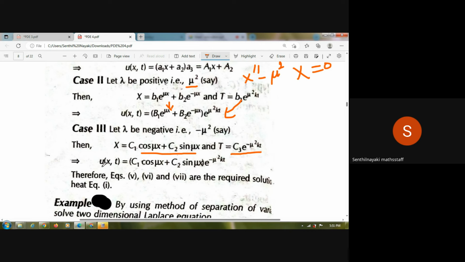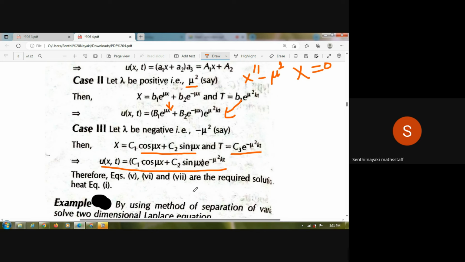After that, the solution for this case is u of x comma t equal to c1 cos mu x plus c2 sin mu x into c3 e power minus mu square k t. So here c3 was missing: c3 e power minus mu square k into t. Therefore, these three equations are the possible solutions for the one dimensional heat equation.